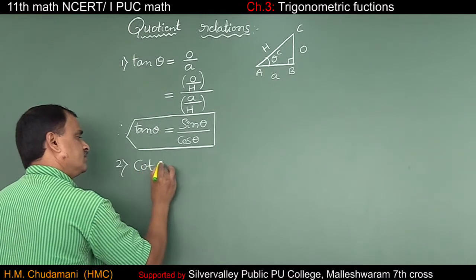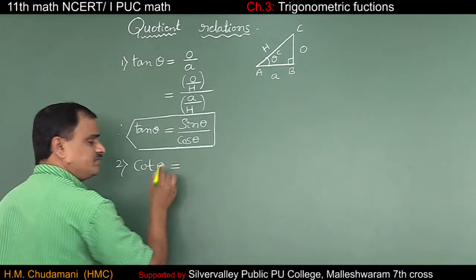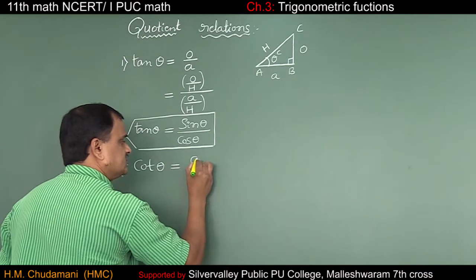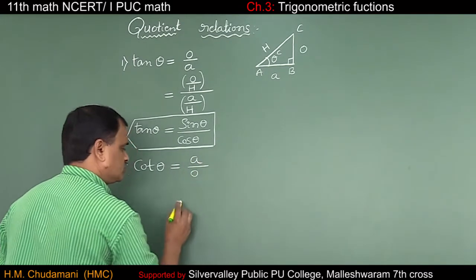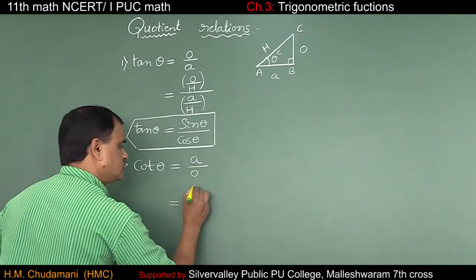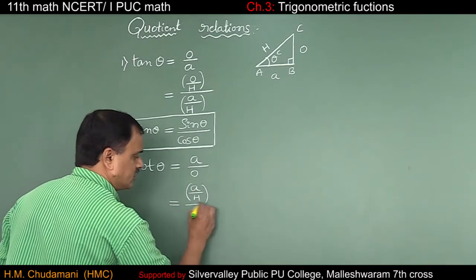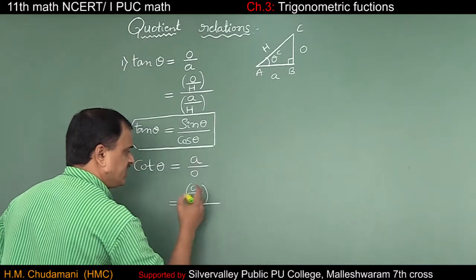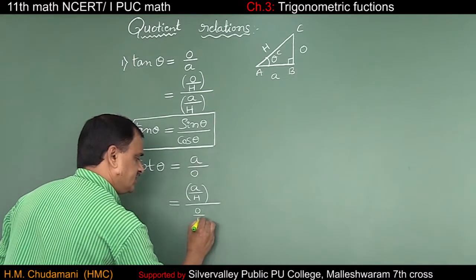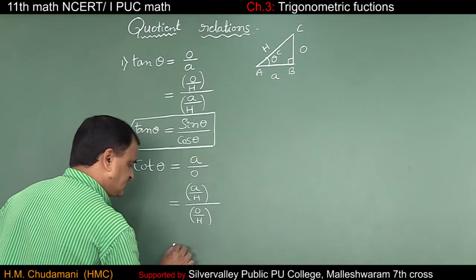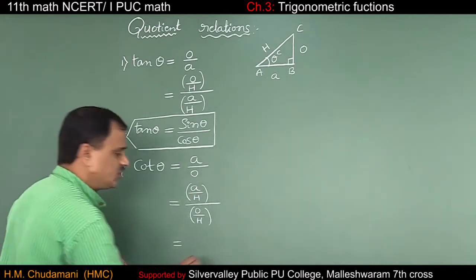The definition of cot theta is adjacent side divided by opposite side. Divide both numerator and denominator by the hypotenuse. So adjacent by hypotenuse, opposite divided by hypotenuse. What is adjacent side divided by hypotenuse?